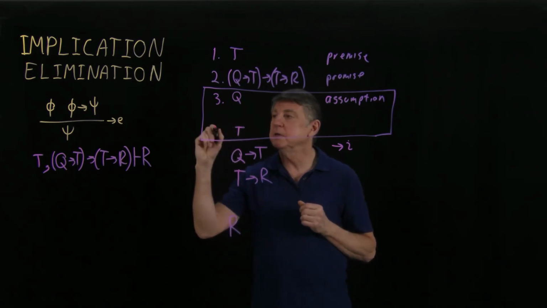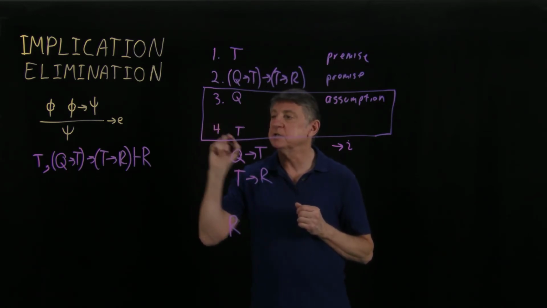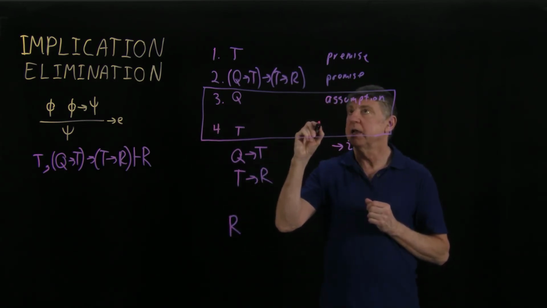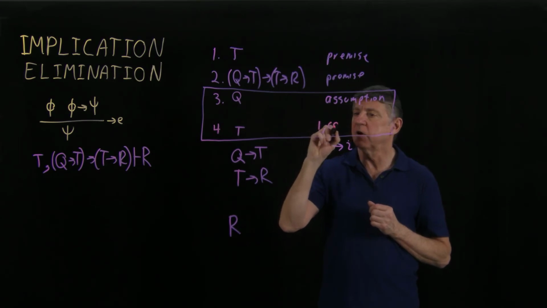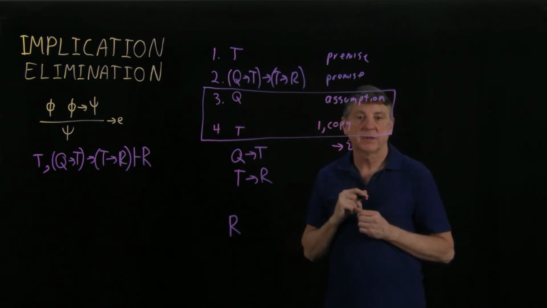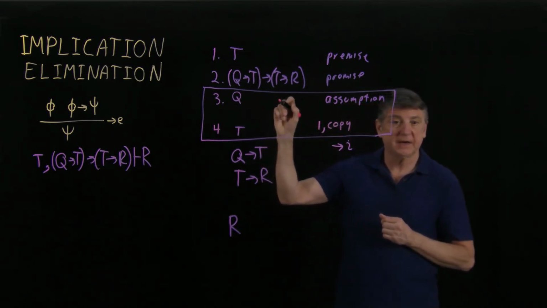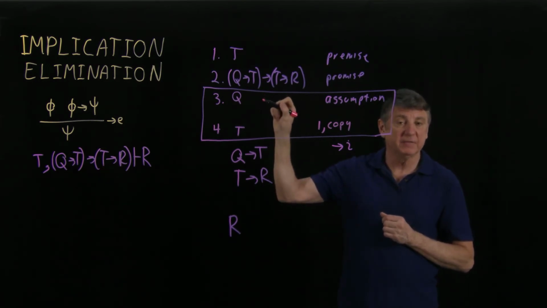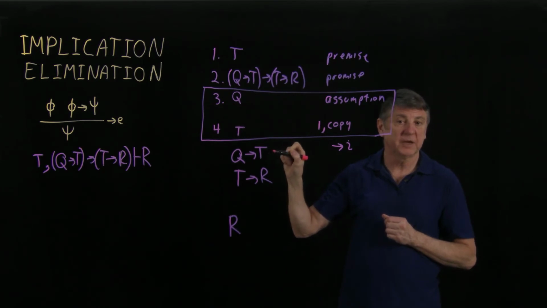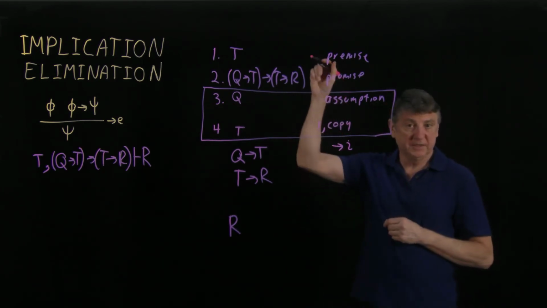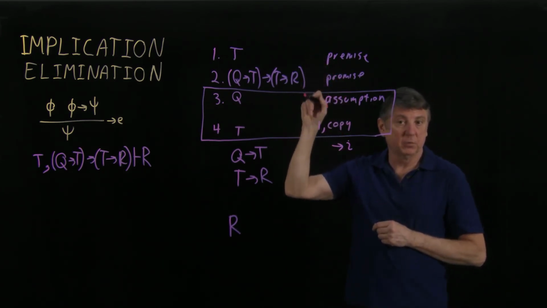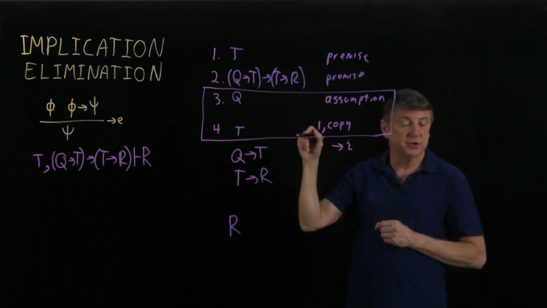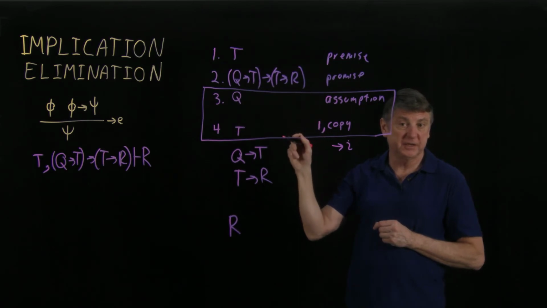So what I could do is say, well, I can justify line 4 because it is a copy of line 1. And so if I do that, I've completed this assumption box, and I now have a line of reasoning that takes me to Q implies T. Now, if you were reading this proof from the first line onward, you would wonder, why are they introducing this Q and then deducing T?